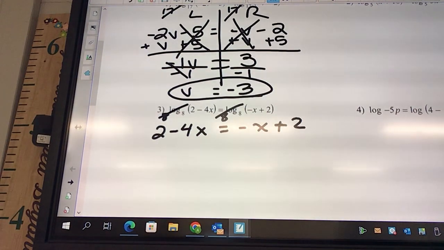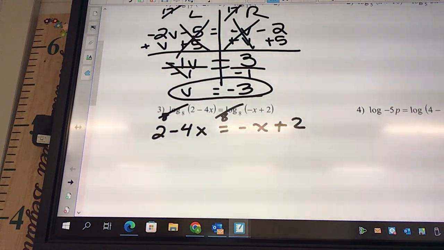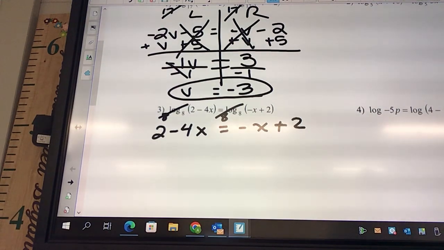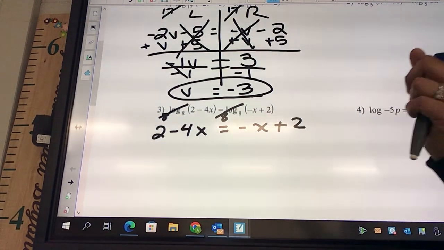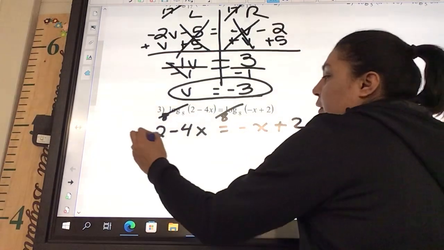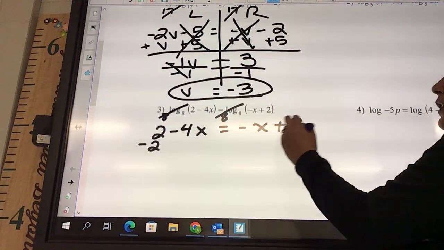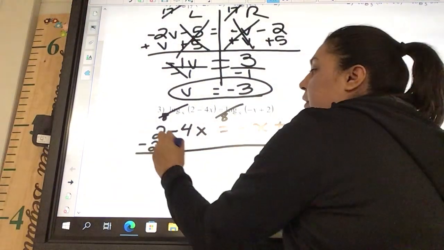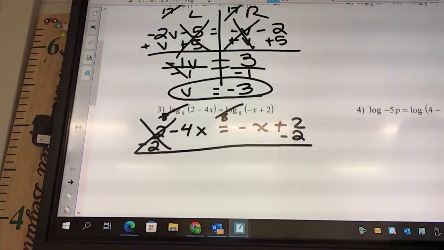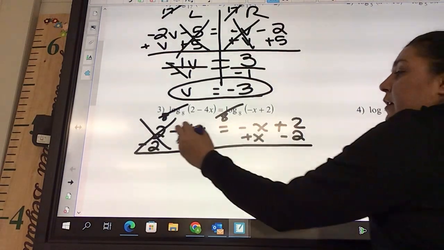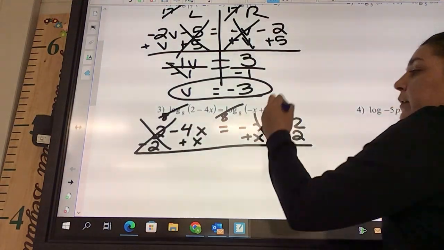Again, letters go to the left, numbers go to the right. What needs moved? Which 2? The very first one. So we're going to say minus 2. What are we going to put that under? Under the other 2, so these ones are going to cancel. What else needs moved? The x. So we're going to say plus x plus x.